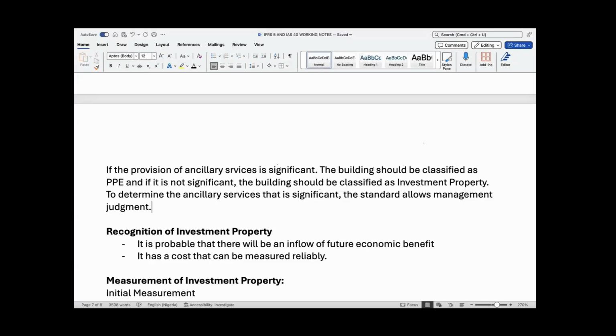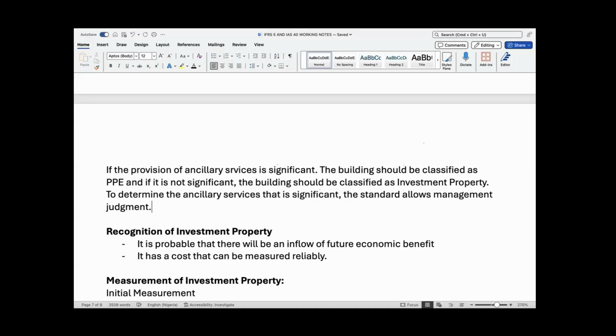Okay, which is why I did not support when she said that's the business the person is doing. Not necessarily. That's not what we're talking about. What we're talking about is that if the amenities you are providing for people staying in that building are a lot, if it is significant, then we will see that you are using the building to provide a service, not just holding it for investment to collect rent.